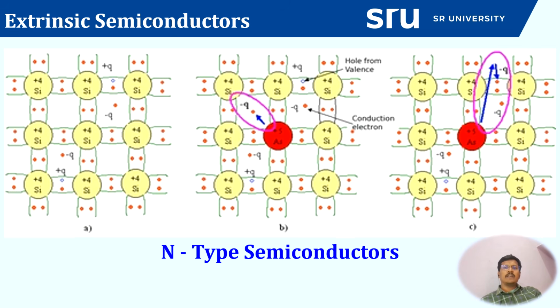Because an n-type semiconductor contains many free electrons, its conductivity becomes much higher than that of the intrinsic semiconductor. This principle is widely used in transistor fabrication, integrated circuit design, and high-speed electronic device fabrication.